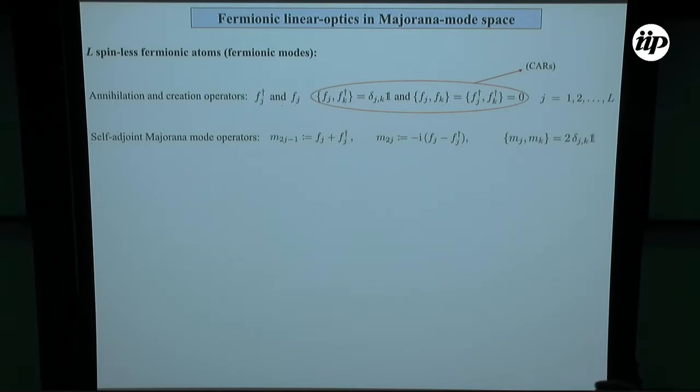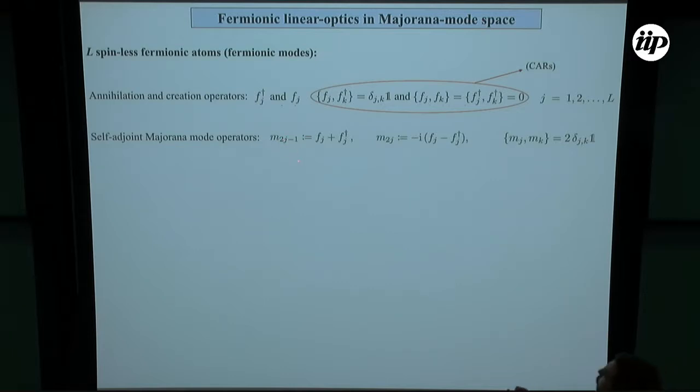This is not necessarily the only way, but it's useful because it resembles a lot what happens for bosonic Gaussian states. You go to this representation where you now have mode operators, and again you have L sites, and for each site you allocate two mode operators.